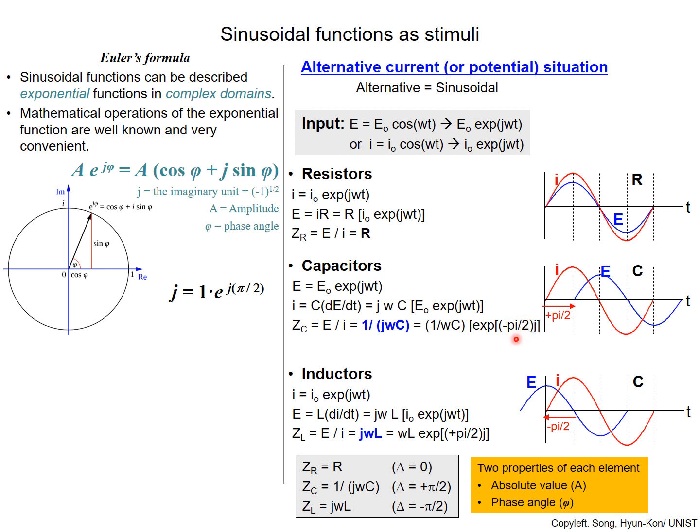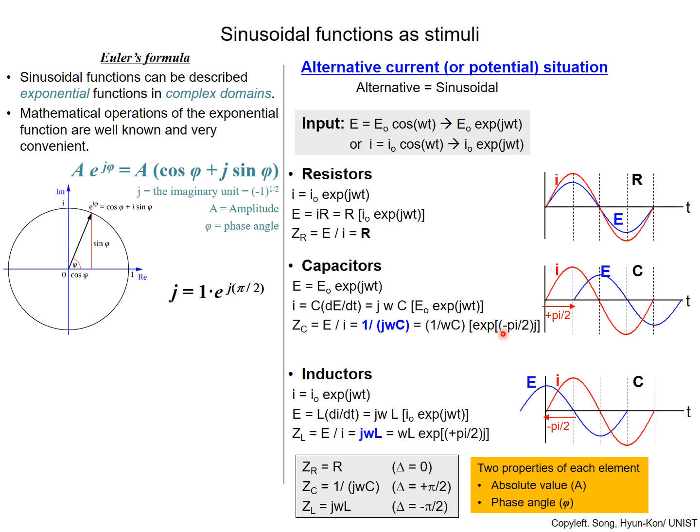It means the amplitude is a function of the frequency omega, where omega is the angular frequency. So the amplitude changes with frequency. Also, a phase change is observed, the minus pi over 2 here.